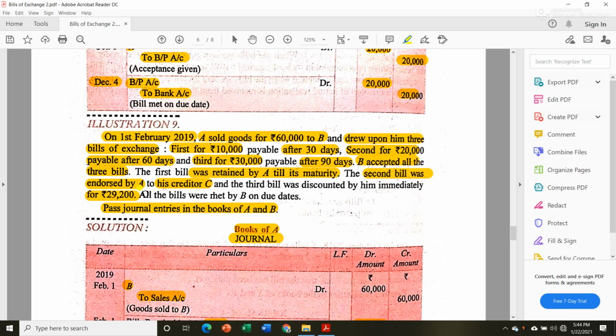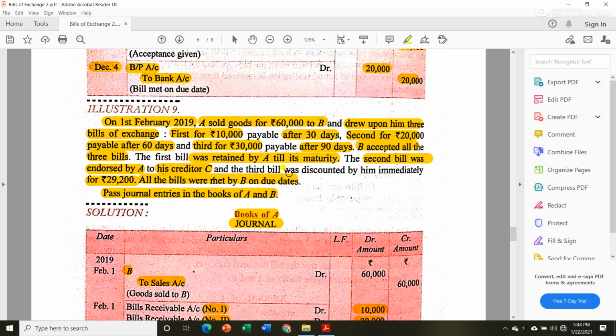And last, we know that all the bills were met by B on the due date. So in the book of B, on the due date we will make a journal entry. But in the book of A there will be different journal transactions.